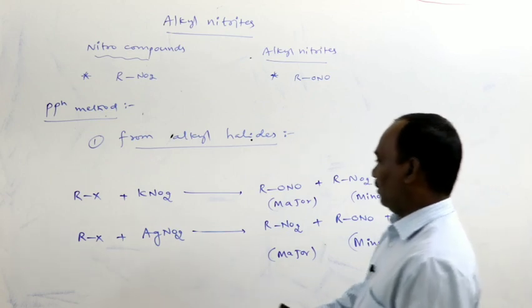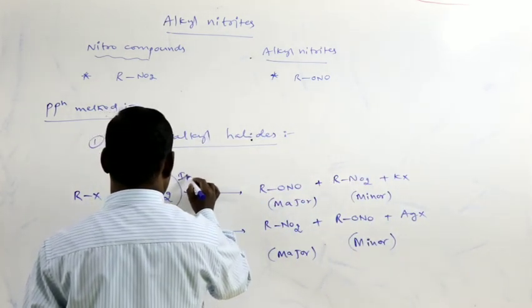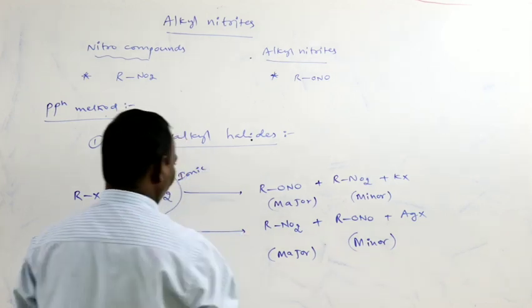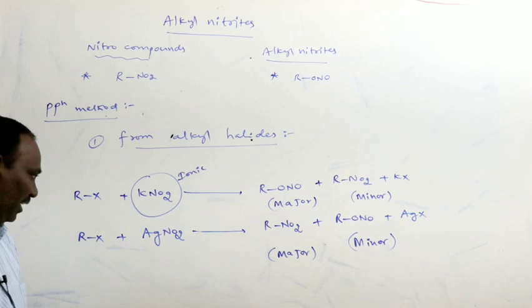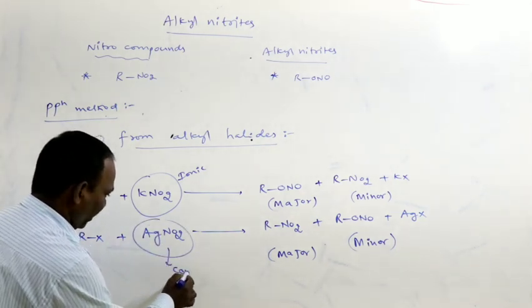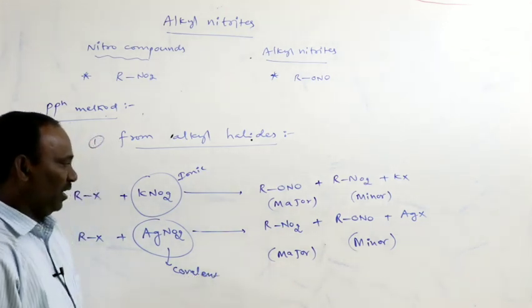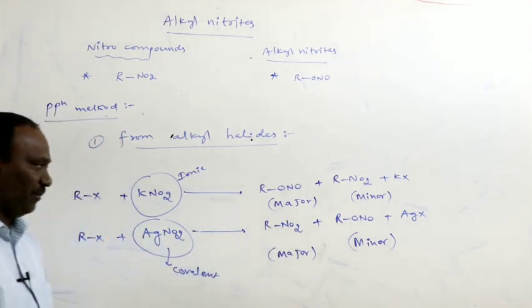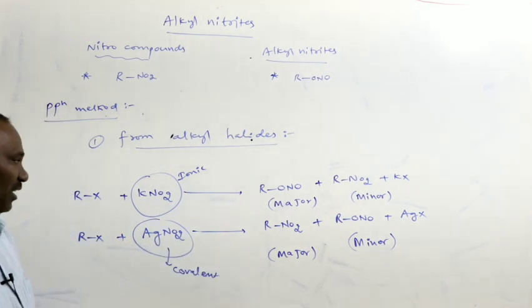So KNO2 is ionic in nature. In the presence of an ionic compound, the more electronegative oxygen binds with the alkyl group. Silver nitrite is covalent in nature. So therefore here especially nitrogen is attached to the alkyl group.